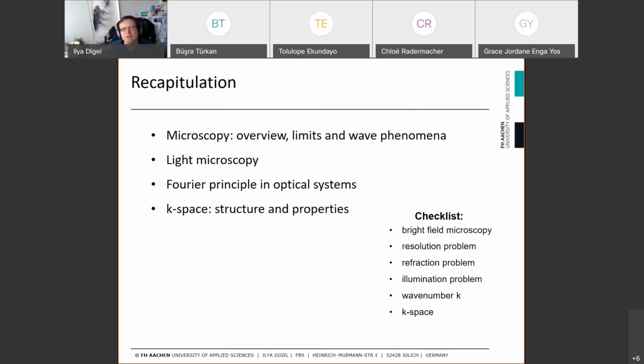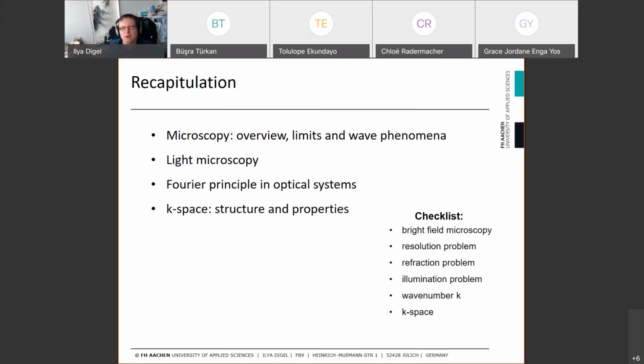So we already overviewed some features of microscopy and some limitations that are, well, already sort of inborn in microscopic systems. One of them was related to the wave nature of light and the fact that optical system mostly cuts part of the waves.